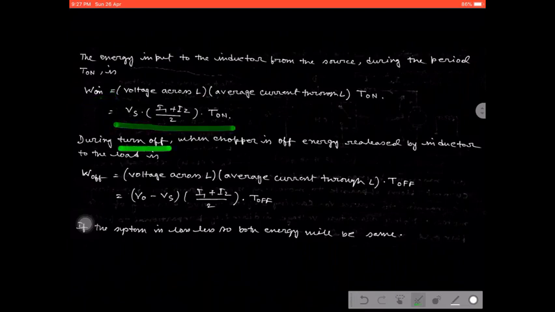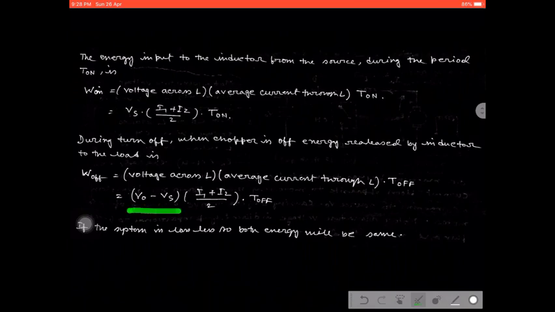So we can say this is the expression for the energy stored during on time. Similarly, during off time, when the switch was off, the voltage appears to the load, that is Vs plus L di by dt. That means in this duration the voltage across the inductor is V0 minus Vs, the potential difference between output voltage and input voltage, as the current is conducted from source to load.